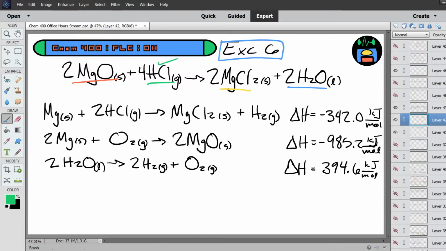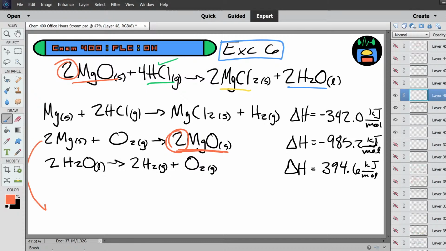Now, one of the things you may notice, it jumps out to me here, is we actually do have 2 moles of magnesium oxide, which is what we want. We want 2 moles of magnesium oxide in our goal reaction. The problem here is it's on the wrong side of the equation, right?